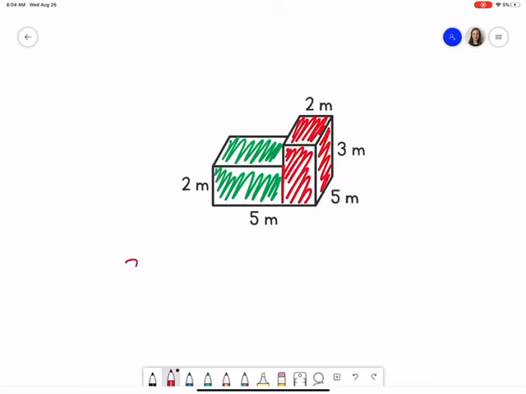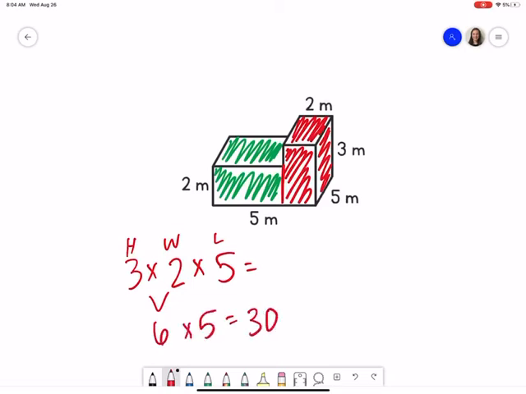The height is 3 times the width is 2 times the length is 5. All right, so 3 times 2, 6 times 5, 30. 30 what? Cubic meters.